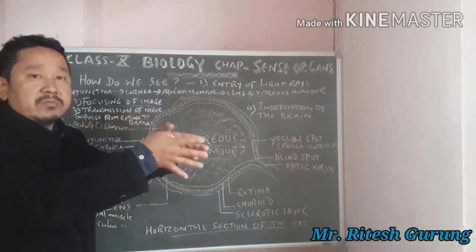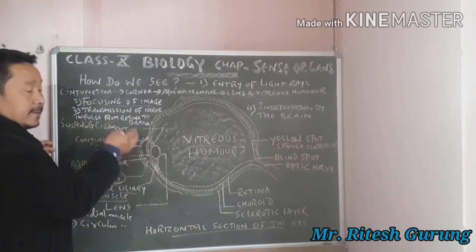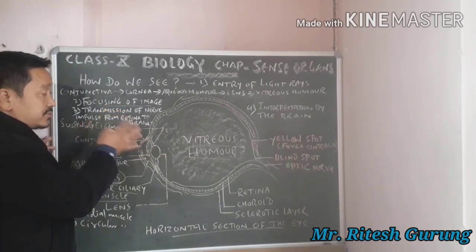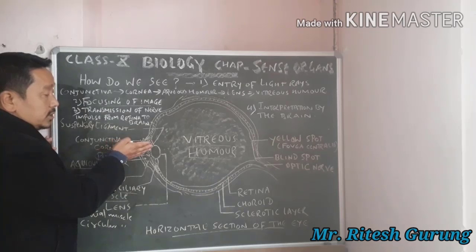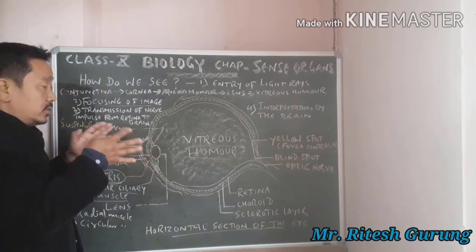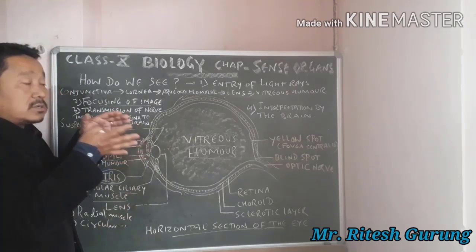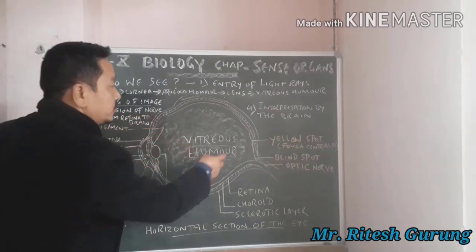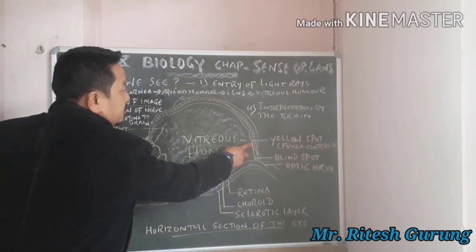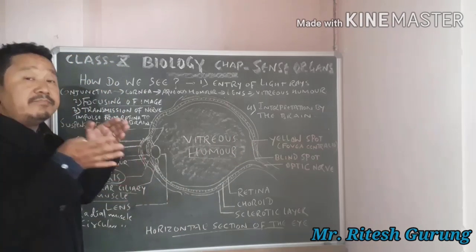That is called converging. The cornea makes the light rays converge to some extent, up to the lens, and from the lens those light rays are further converged to meet at one point, here at the retina.